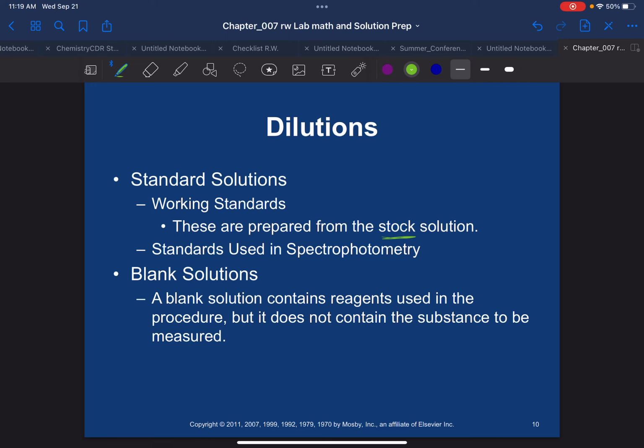Blank solutions: a blank solution contains the reagents used in a procedure, but it does not contain the substance to be measured. So if you're measuring glucose, but you use other reagents to measure the glucose, it's going to be a measure of everything except the glucose. So the substance measured is not included in the blank solution.